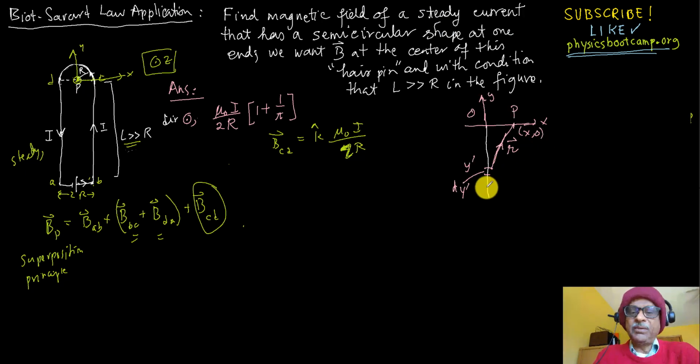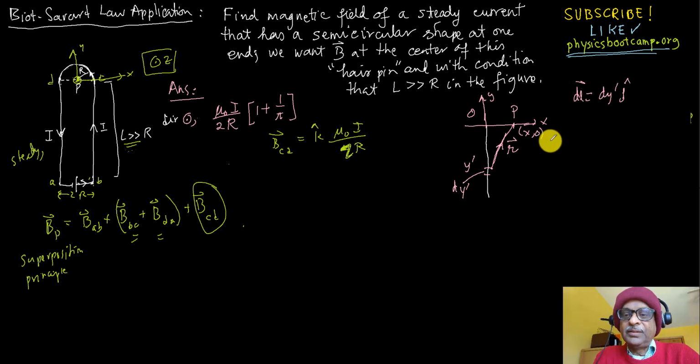Okay, so what we want is dl. dl is just dy prime j hat, and the vector r from dl to the point P is going to be x i hat for this point minus that vector, then y prime j hat.